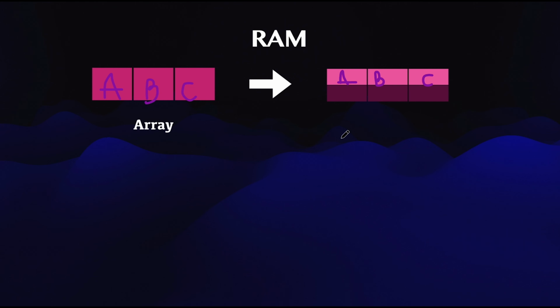If you remember when we talked about integers, the address was 0, then we had 4, and then we had 8. But the difference about the address with characters is that we will be incrementing by 1. So the address will be 0, 1, and 2, because it takes only 1 byte to store a character.